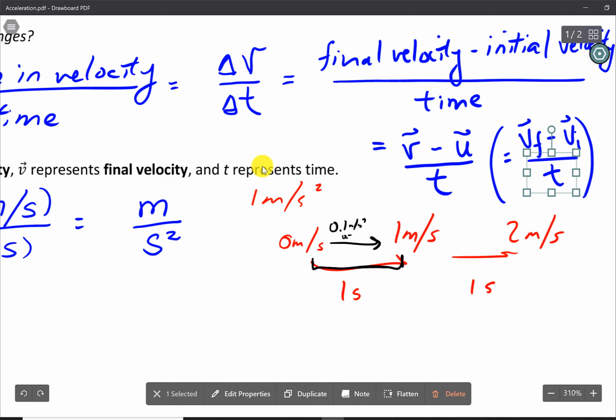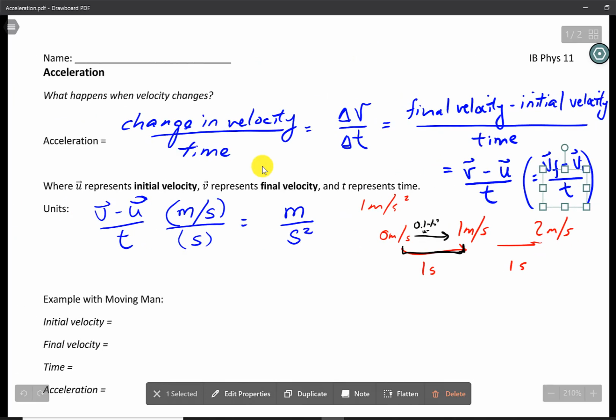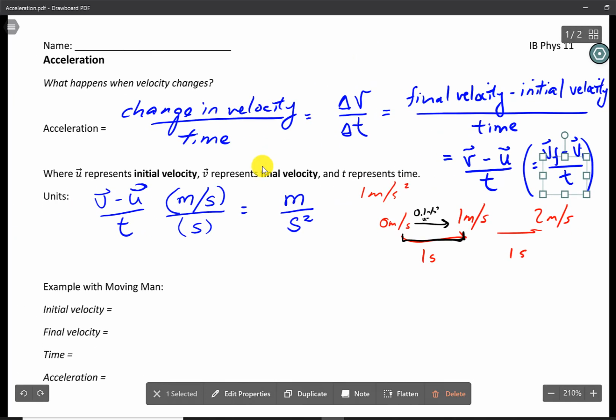That's something we have to be careful of: even within that second, you're gaining speed. You might even think of it as gaining speed every millisecond, even every microsecond, even smaller than that. In terms of the time increment, you're still gaining speed.